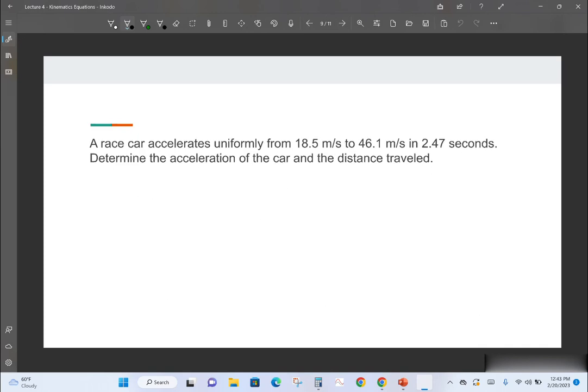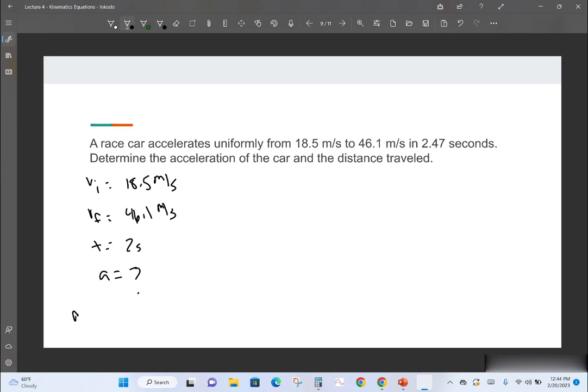Let's try another one. A race car uniformly accelerates from 18.5 to 46.1. So Vi equals 18.5 meters per second, and Vf equals 46.1 meters per second, and it does it in 2 seconds, and we want to know the acceleration.